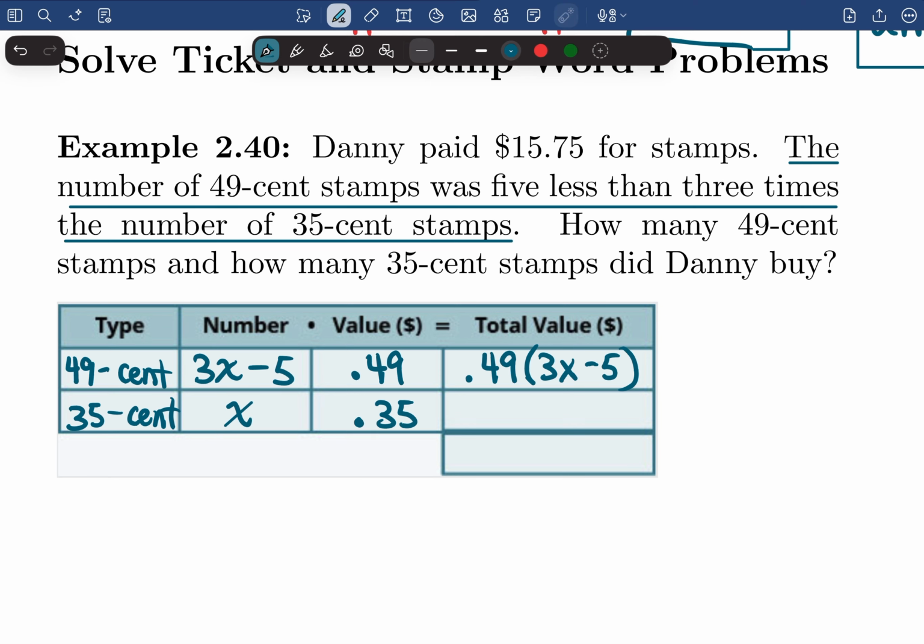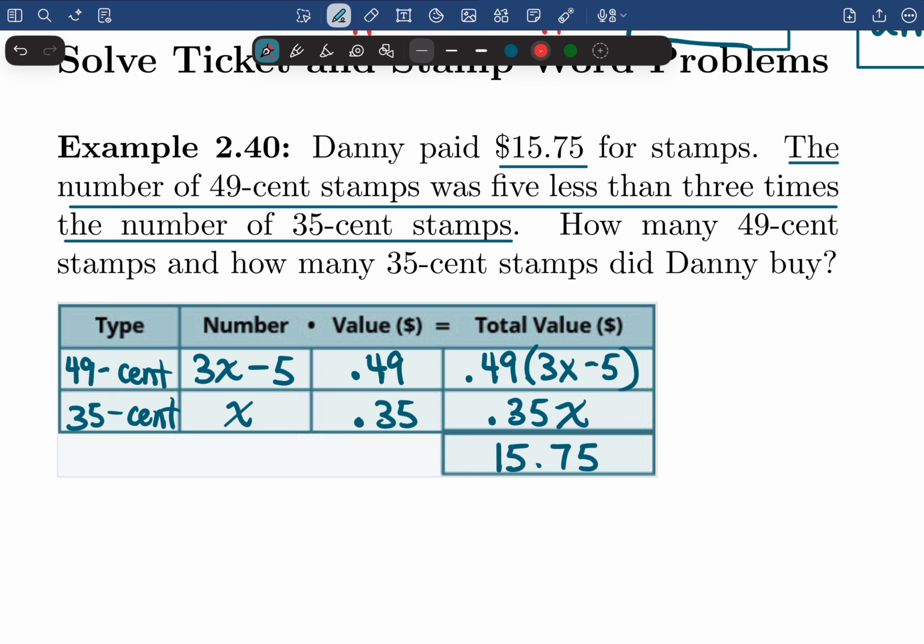Now looking at the 35-cent stamps, number times value, we get 0.35 times x. And we know that the total will equal $15.75, the grand total value. So we're going to write that in this row below.